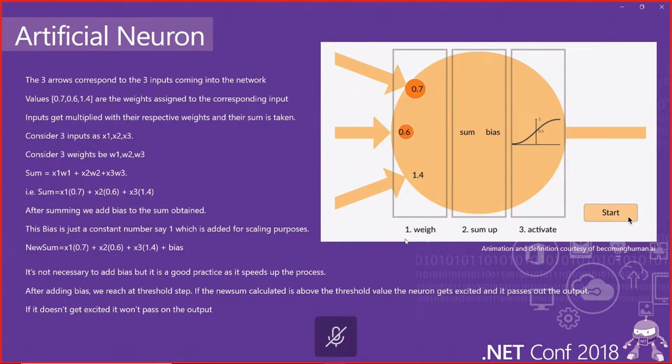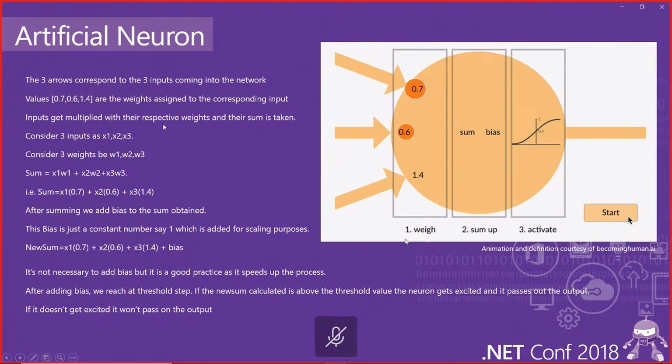So this is the representation of an artificial neuron. We have three arrows on the left corresponding to the inputs coming to the network. Let's say values 0.7, 0.6, 1.4, and these are the weights assigned to the corresponding inputs. So this is the input with the weight.